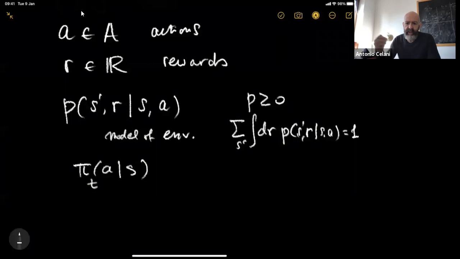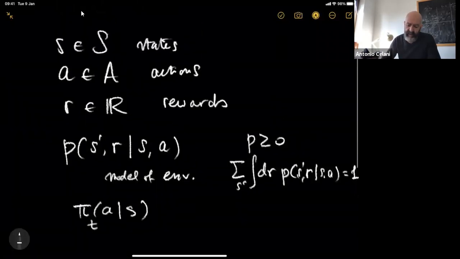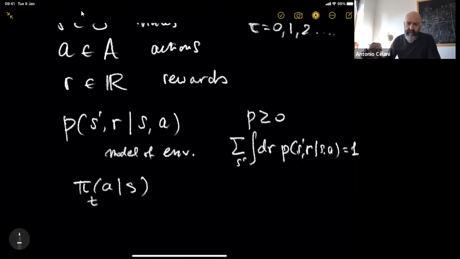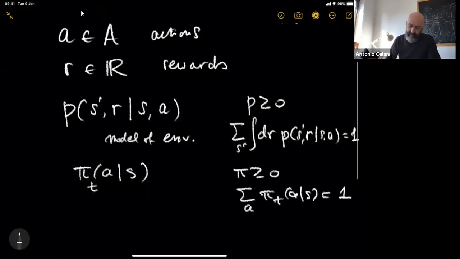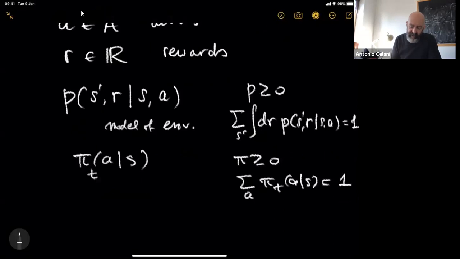Remember that times are discrete, so you have time 0, time 1, time 2, etc. At every time step of this process, there is a probability distribution which maps states into actions, which means that these pi's are probabilities themselves, so each of these pi is positive, and summing over all possible actions is always normalized to 1. This in general is the policy, in this case a time-dependent strategy of decision making.